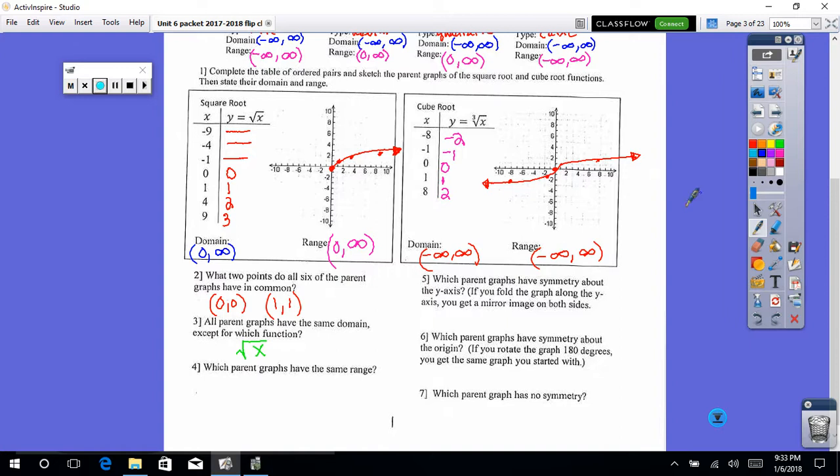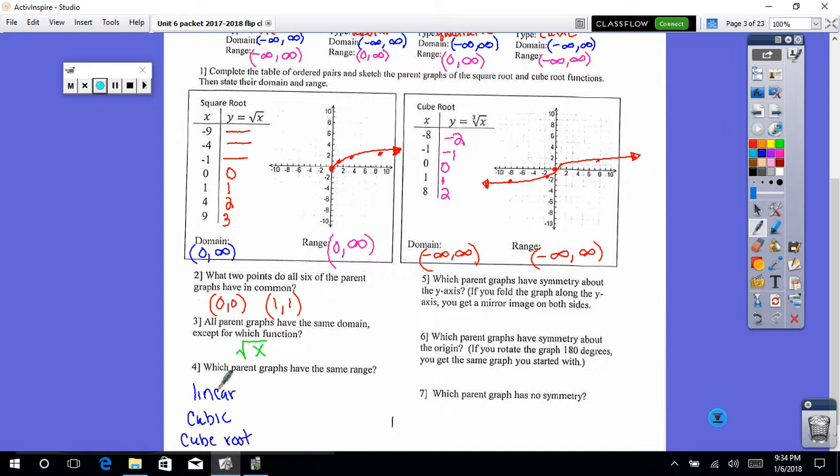We have two categories for range. We have the negative to positive infinity range category and the 0 to infinity. So our negative to positive infinity range, we have our linear, we have our cubic, and we have our cube root.